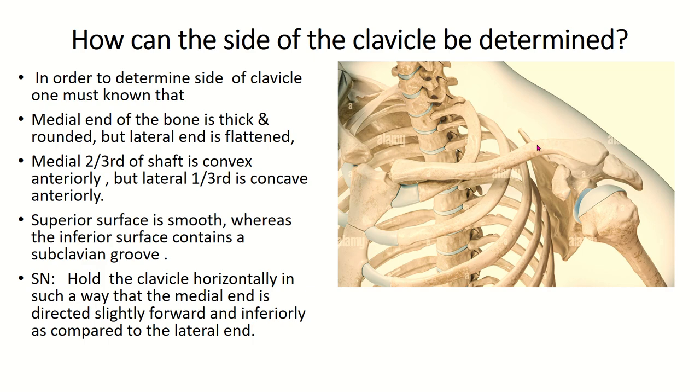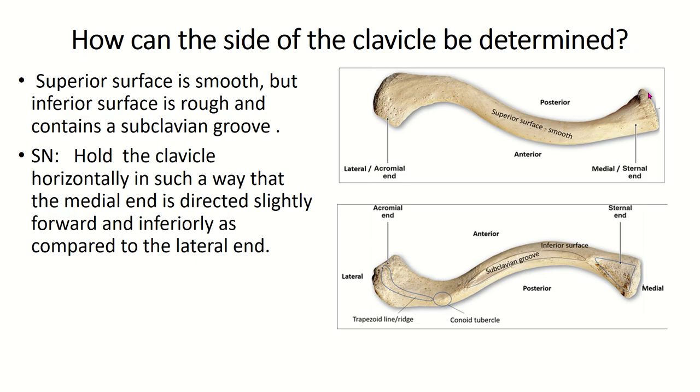The superior surface is relatively smooth, and the inferior surface is relatively irregular, marked by a groove for the subclavius muscle.